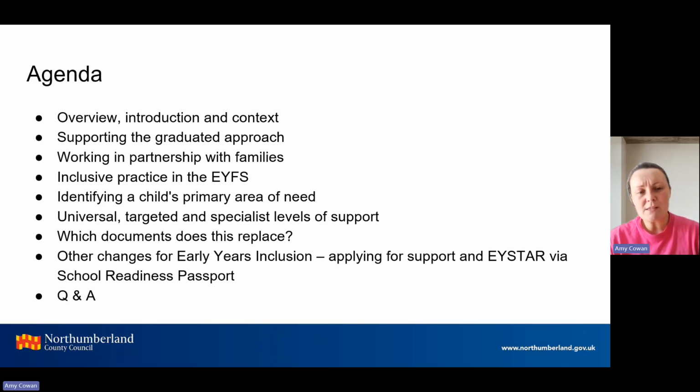Because a lot of the questions that are asked on the EY Star form, for example, are asked on the inclusion request form as well. And it's just going to marry up with individual children on the passport and make it a lot easier and lower the workload for you guys.